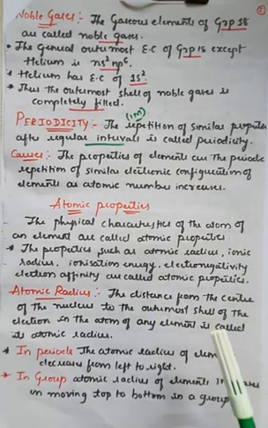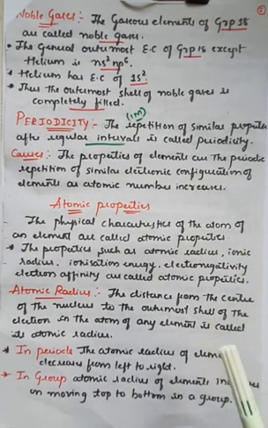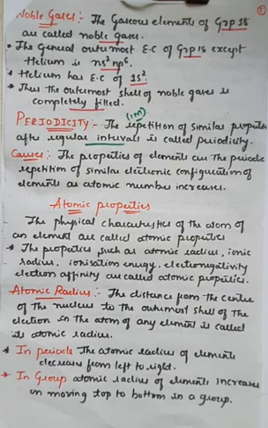If you go for further different atomic properties, an atom consists of a nucleus, and the electrons revolve around the nucleus, as you already know.